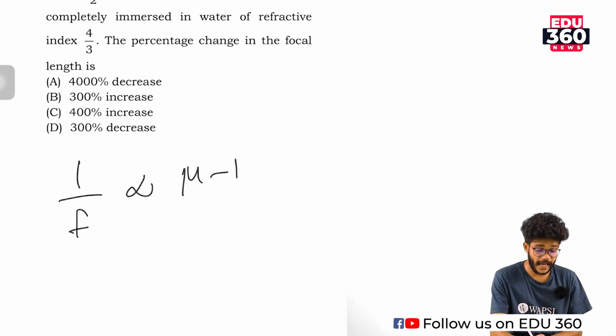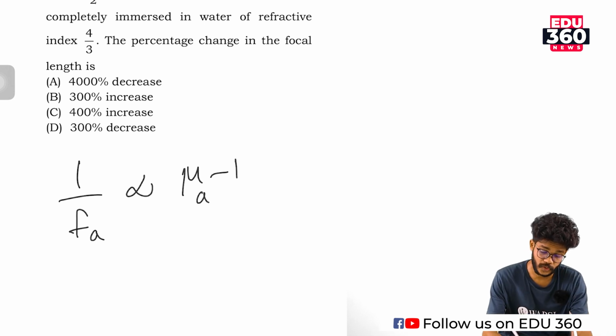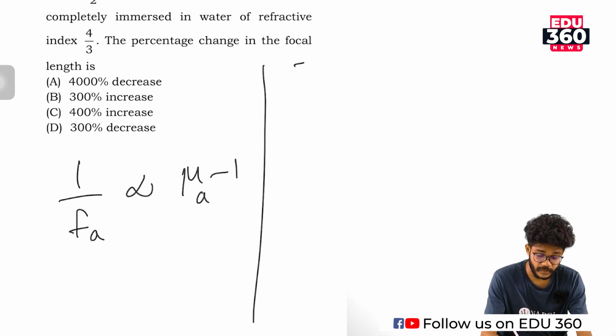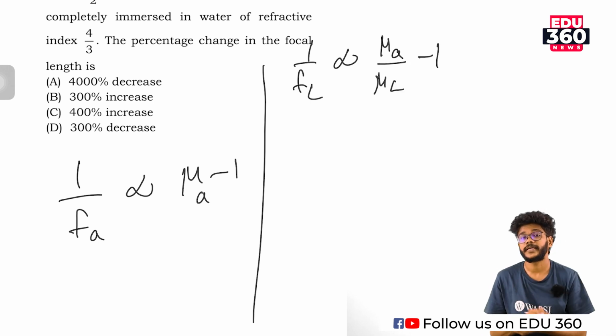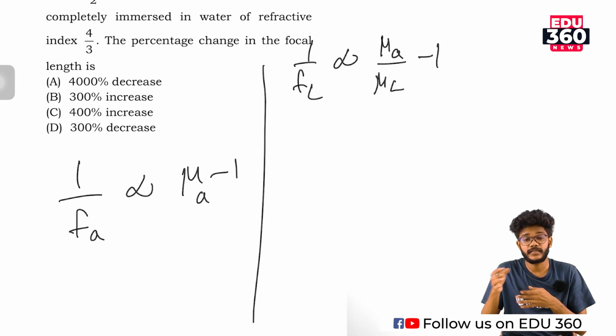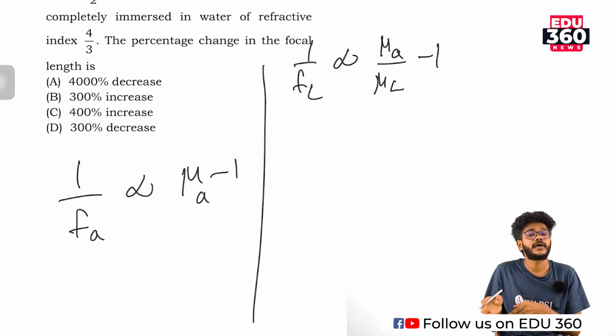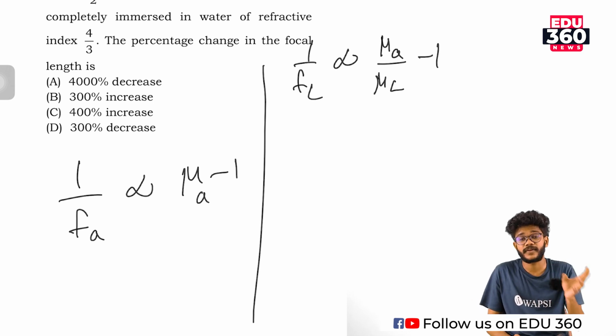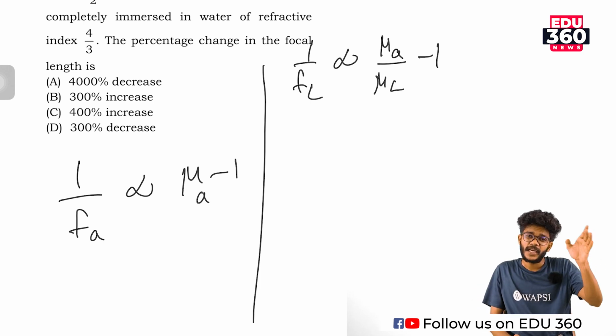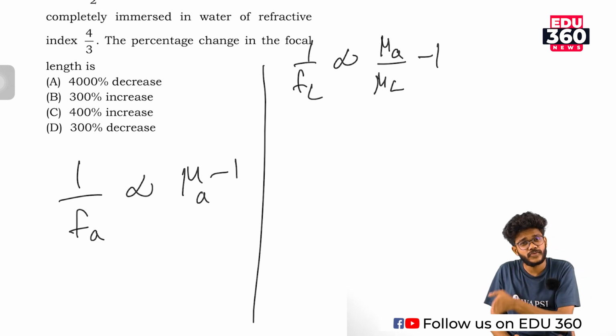So 1 by f_a, in air, is proportional to mu_a minus 1, and 1 by f_L, in liquid, is proportional to mu_a by mu_L minus 1. If the air is replaced by the liquid, then the refractive index of the lens is calculated with respect to the liquid.